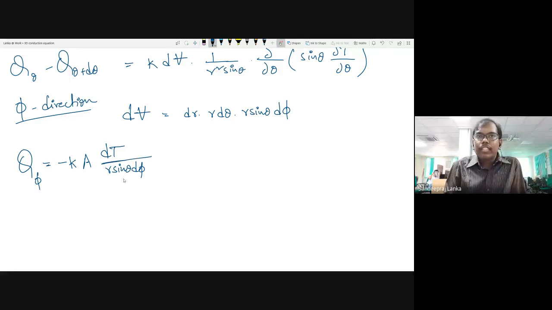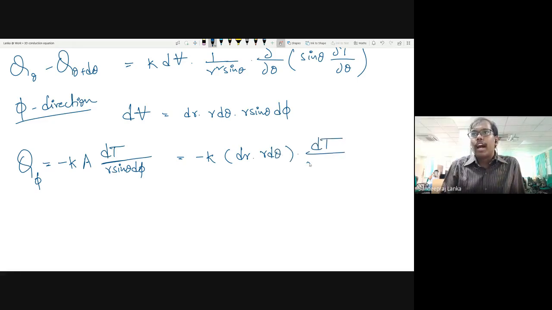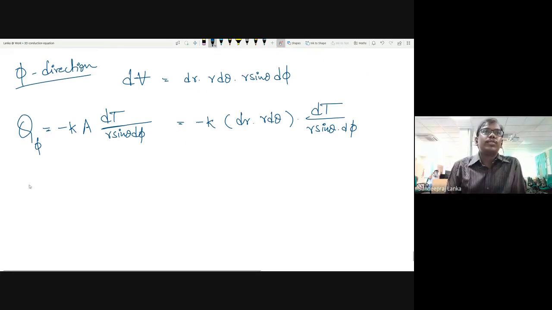What I have in the denominator will be this value. This is very important. This one I have to have here. And then when it comes to a, I can have the remaining two here, that is dr into r d theta into dt by r sine theta into d phi. We are done with q phi.